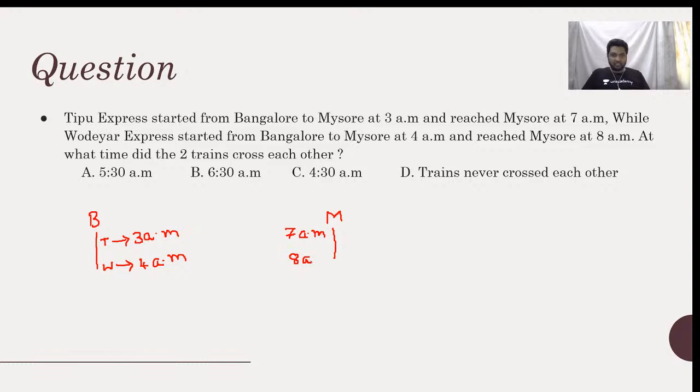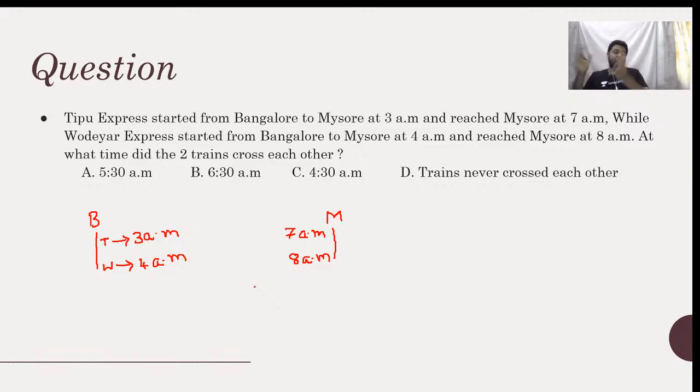Just look at it, the distance is the same, the amount of time taken is also the same, therefore the speeds are also equal. One train started at 3 a.m., the other starts at 4 a.m. with the same speed. Then both the trains will be 1 hour apart from each other, continuously throughout the entire journey.